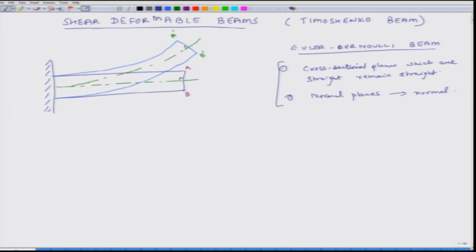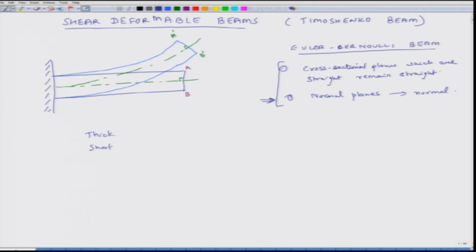Okay. Now, what happens is that especially if the beam is very fat, or you can call it thick, or if it is too short, then this normality condition may not be exactly true. So, I will give you a small demonstration.